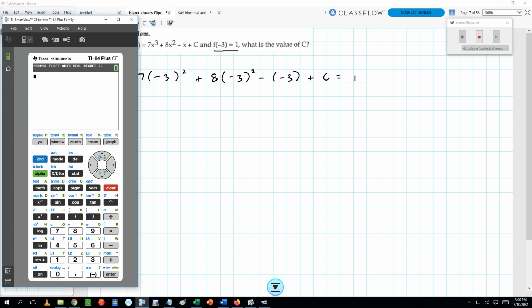All right, so 7 times negative 3 cubed, plus 8 times the negative 3 squared, take away the negative 3, and that's going to give me a negative 114 for all of this to the left of the c, and I'll add that over. So c is 115.